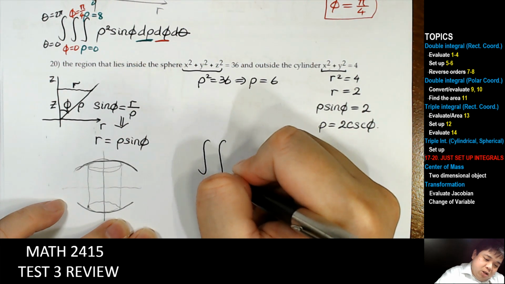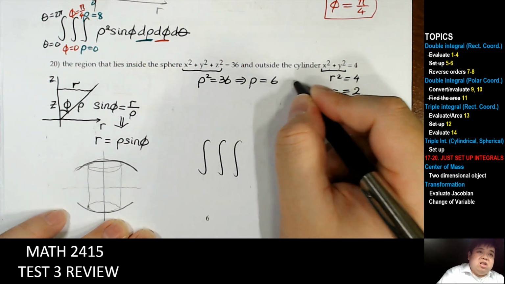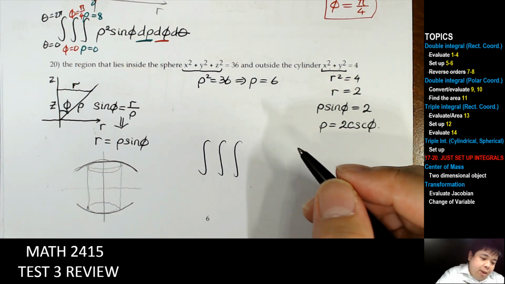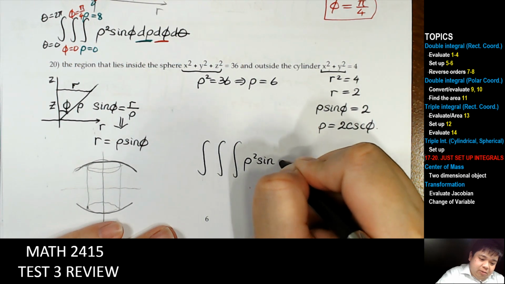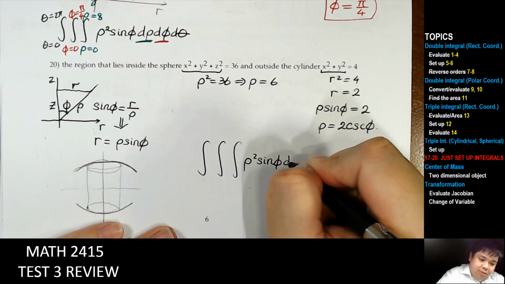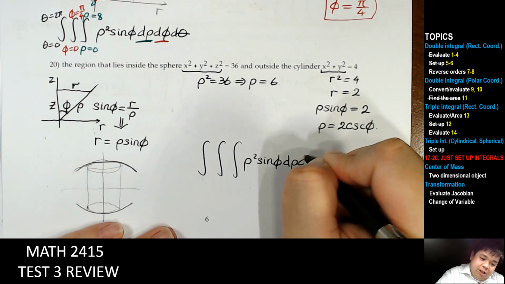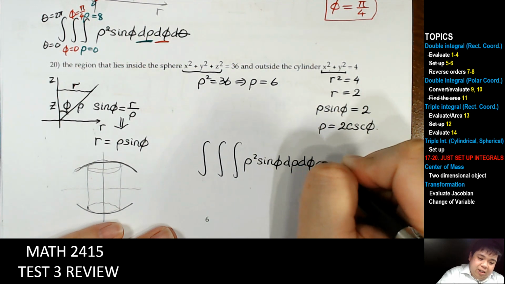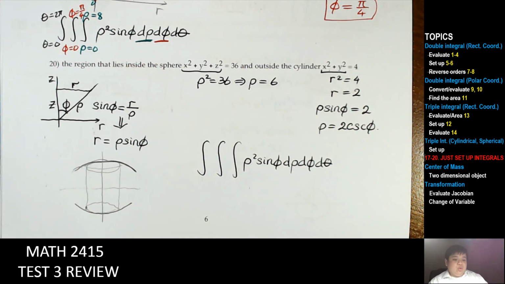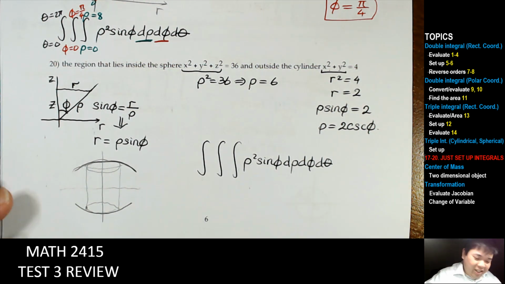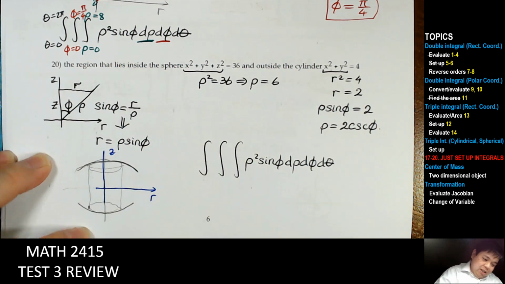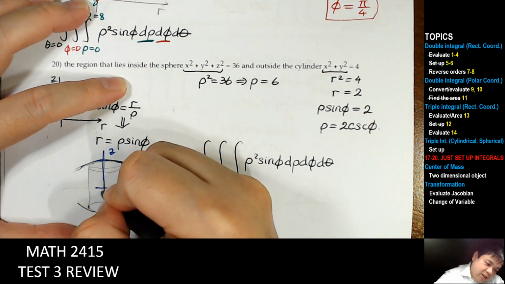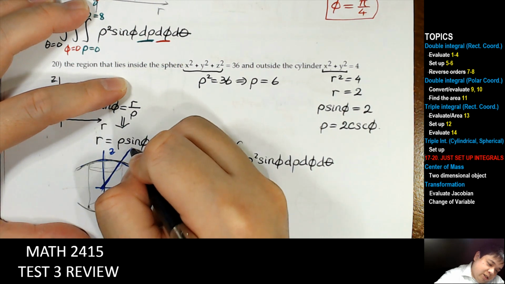Again, this integral is much easier to do in cylindrical coordinate because simply we have a cylinder. Right. But if one is spherical though, rho square sine phi d rho d phi d theta. And this one, if we actually use this integral, that will be extremely difficult to do because we will see. First, if we take a cross-section of R and Z, we have a sphere on the top, and so we'll have to look at this one.